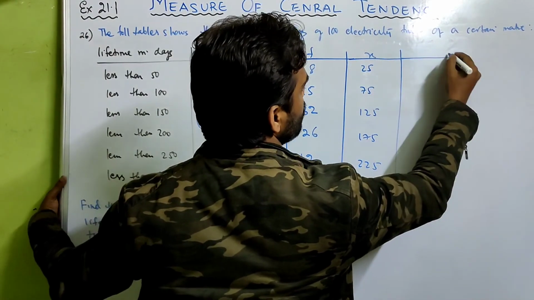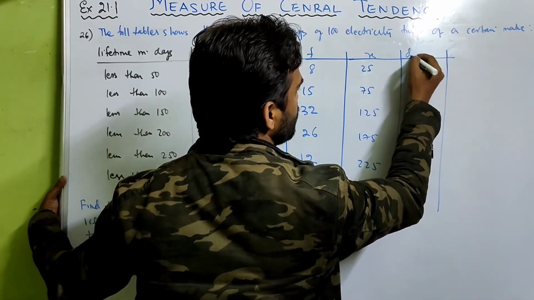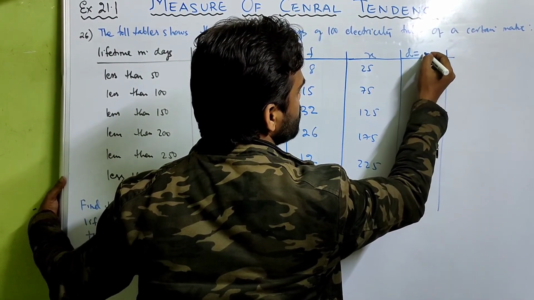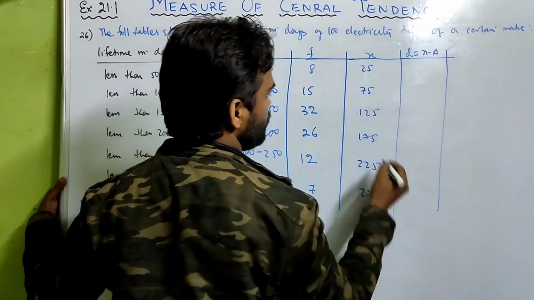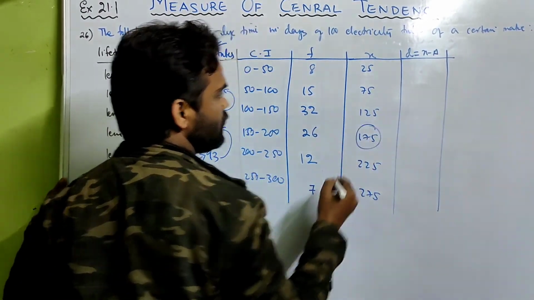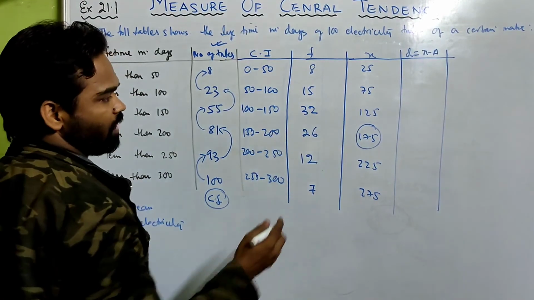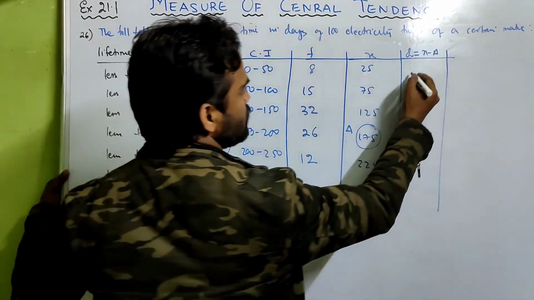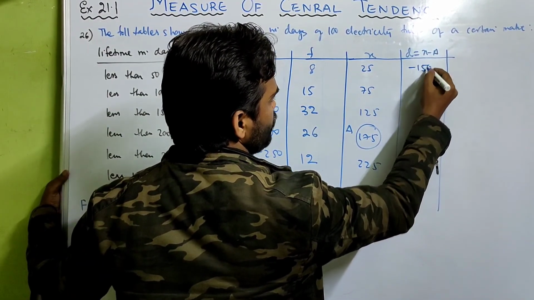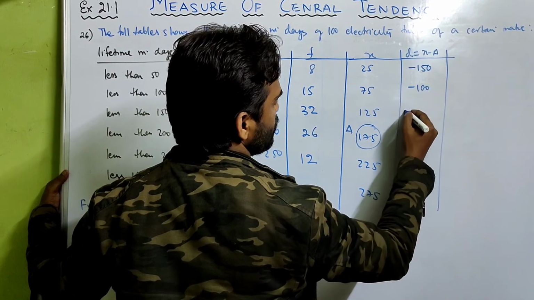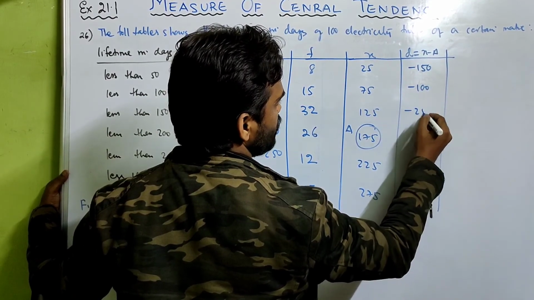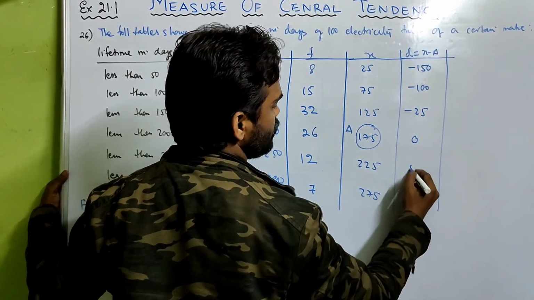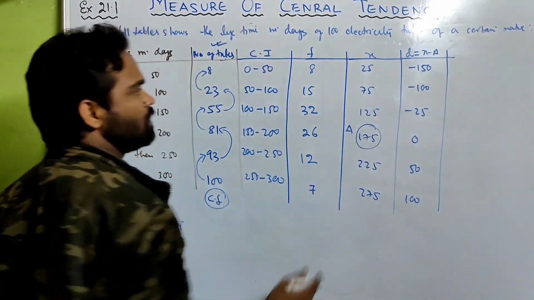Then I'm directly adding d, which is x minus a. Assume mean, I'll take this as the assumed mean, 175. 25 minus 175, that's minus 150, minus 100, minus 50, this is 0, this is 50, and this is 100. D is x minus a.